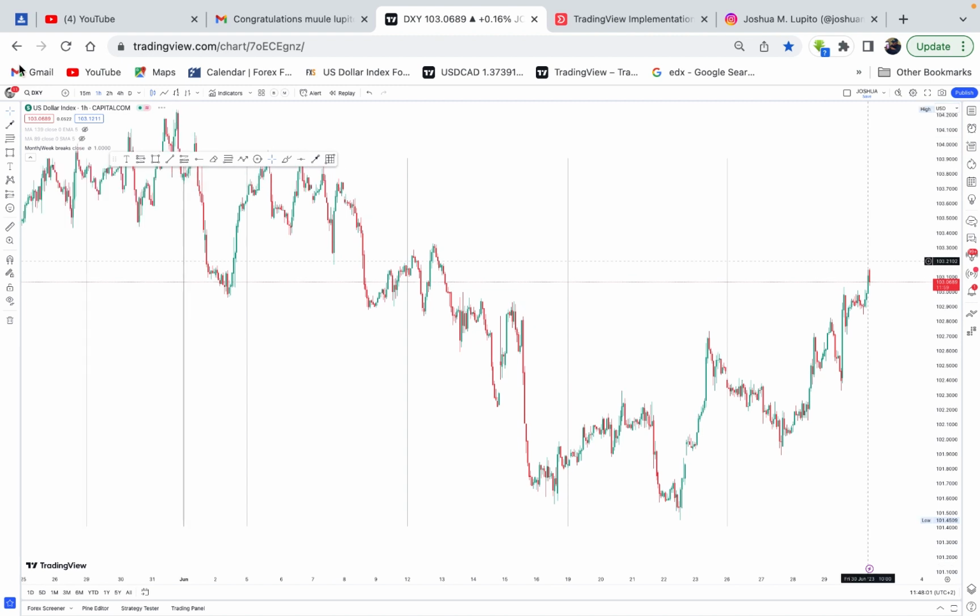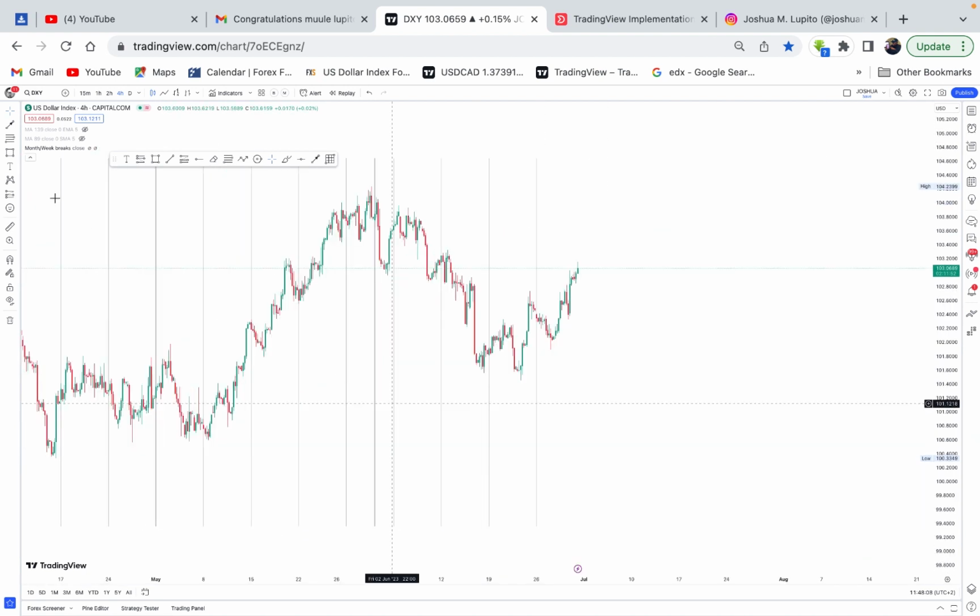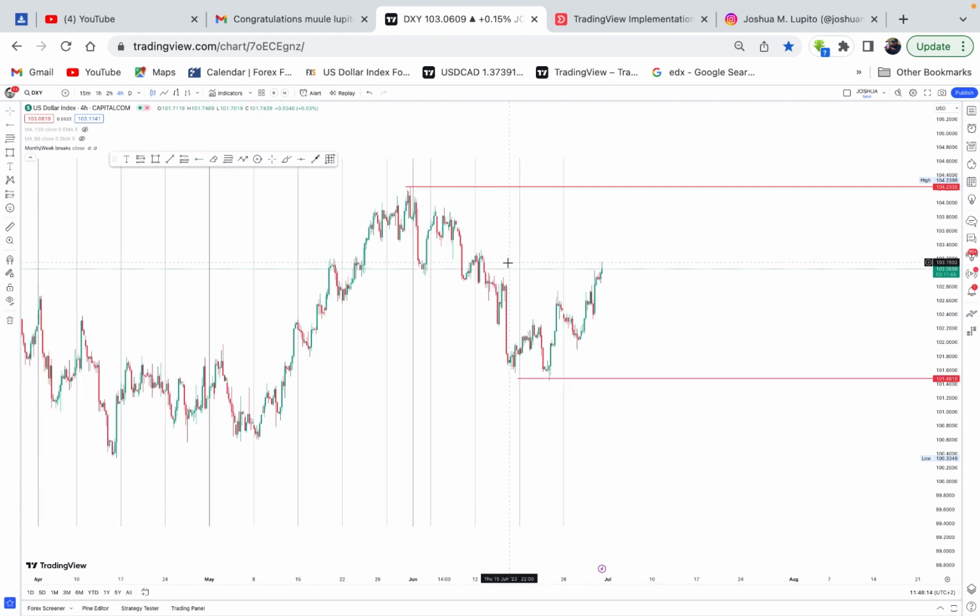So if we can start with this one quickly without wasting much time, let us start with the higher time frame, which is the 4-hour time frame. We can see on the 4-hour time frame, we have put our overall high and our overall low at that particular point. This was a massive impulsive move to the upside.